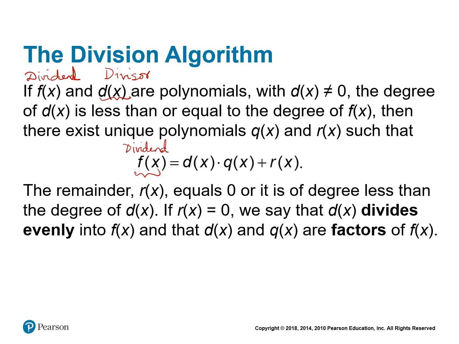The dividend is equal to the divisor multiplied by q of x, the quotient, plus, added, the r of x, which is the remainder.